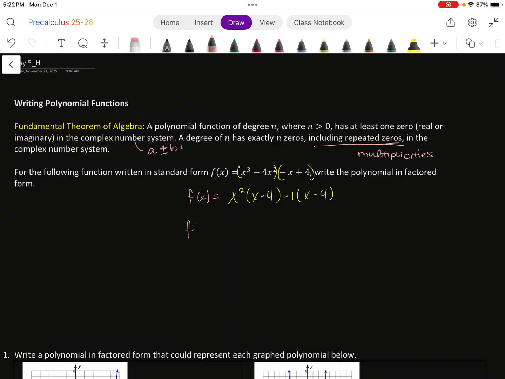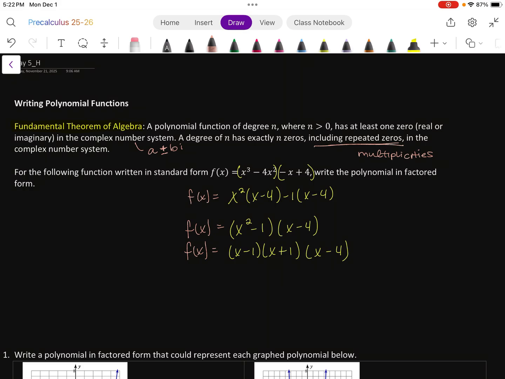All right, so f of x is equal to x squared minus 1 and x minus 4. This x squared minus 1, though, becomes x minus 1, x plus 1. Right? Remember to always factor those differences of squares.